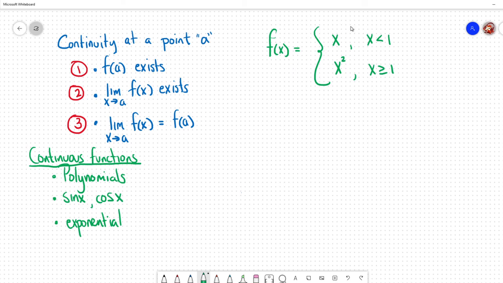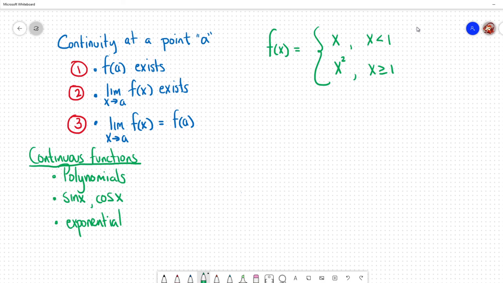All right, so we're going to take our first example here. Now we have a piecewise function. Usually these are the ones where, because of the nature of a piecewise function, unless we actually graph it, we're not sure right out of the gate whether this is a continuous function.